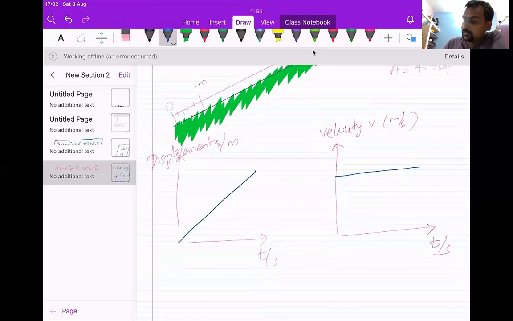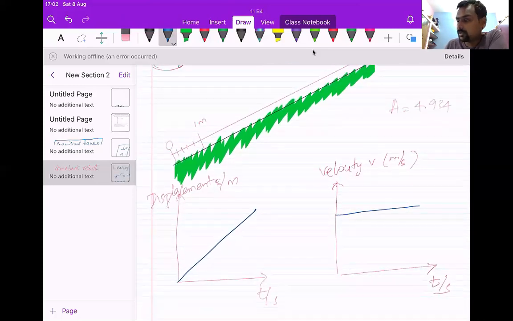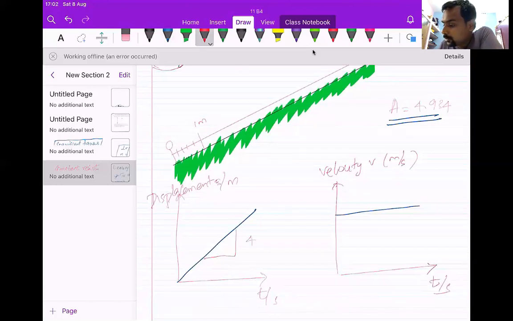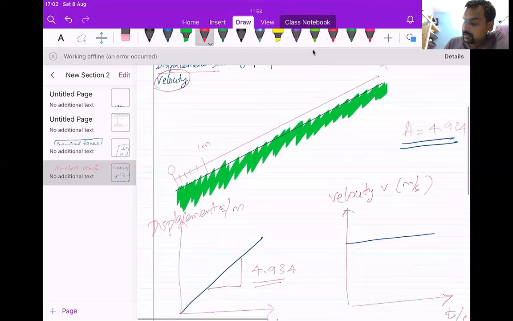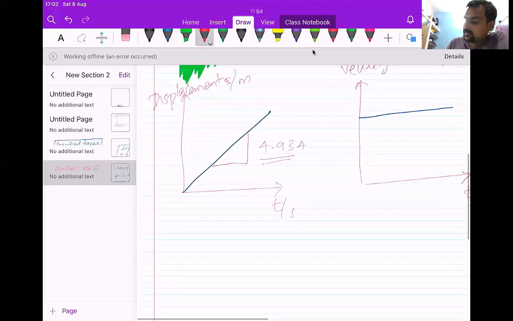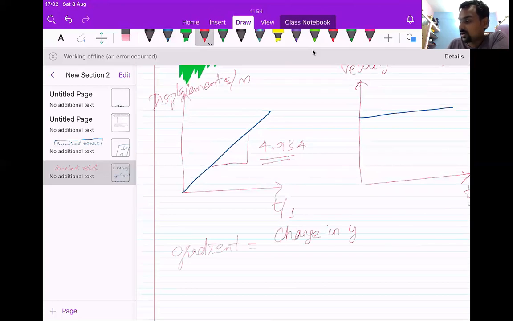Now from the graph which we found out from the data points which we collected, we know that the gradient of this graph is going to be 4.934. Now this number is what connects to the second learning objective. Now let's quickly try and understand what is gradient. Gradient, in mathematics, is nothing but change in y by change in x.